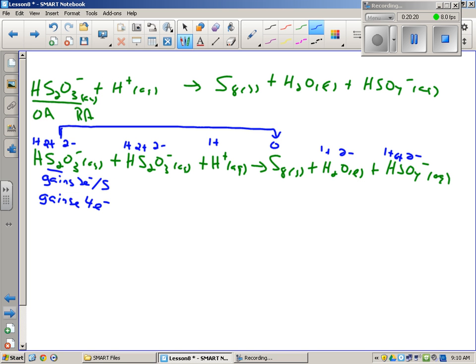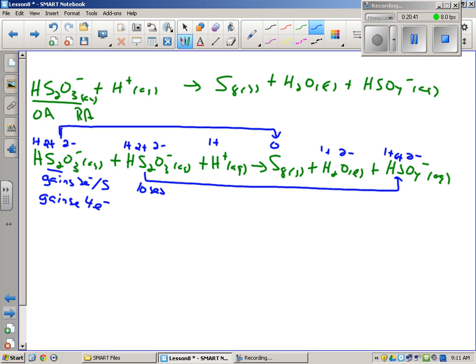Good so far? This is good review regardless. Then I look at my other one. Okay, well, 2 plus here is actually going to 6 plus there. So that one obviously loses.